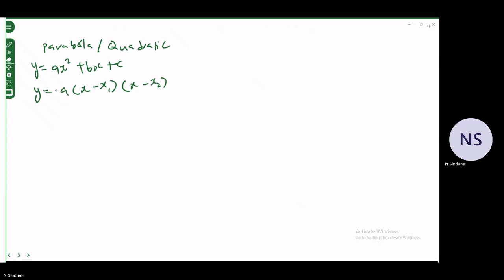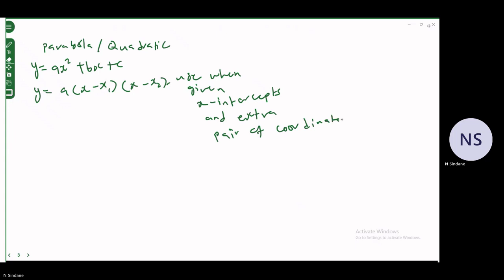You use this formula to calculate the value of a when you are given x-intercepts and an extra pair of coordinates.